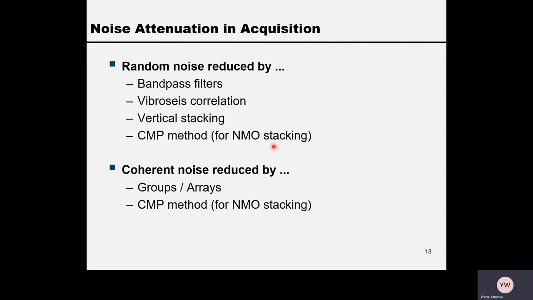So grouping is an effective way. Grouping means in seismic data, a single trace is not recorded by a single geophone or single hydrophone. It's recorded by a group of geophones or hydrophones, and based on linearity, you sum them together.